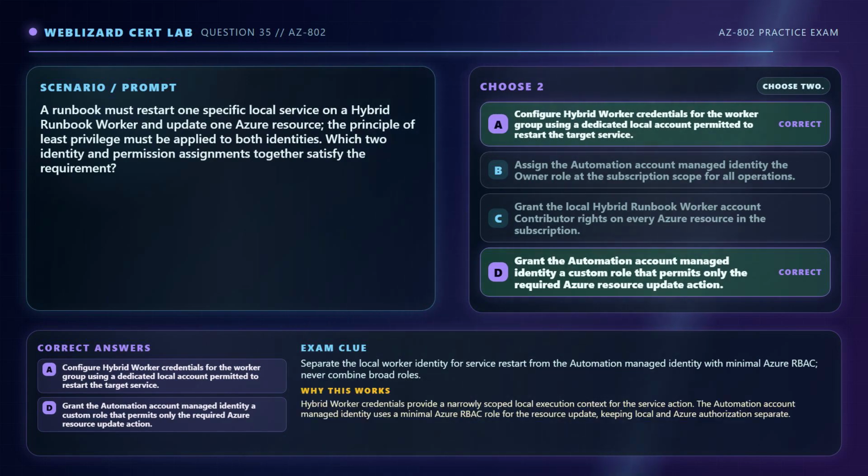Hybrid worker credentials provide a narrowly scoped local execution context for the service action. The Automation account managed identity uses a minimal Azure RBAC role for the resource update, keeping local and Azure authorization separate. Separate the local worker identity for service restart from the Automation managed identity with minimal Azure RBAC. Never combine broad roles.